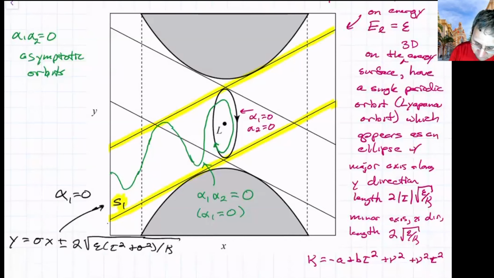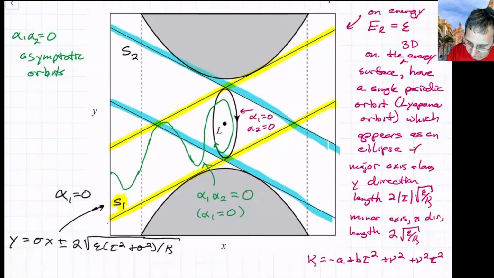Similarly, this other strip, we call that S2, and its bounding curves are very similar to this one. It's just that now there's a minus sign. It's y equals minus sigma x plus or minus 2, and then the same square root stuff we have below. That's what S2 is. This one is S1.